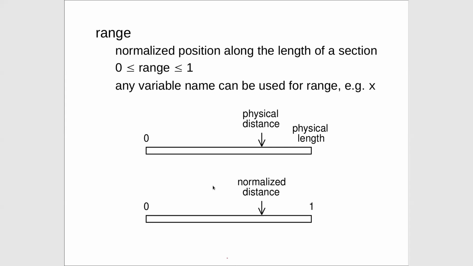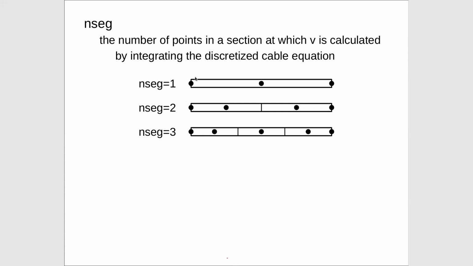So this is where spatial discretization comes in. We can't really solve the cable equation numerically. It's a partial differential equation. We can't solve it directly, especially if it's got voltage gated channels, because of the complexities of the equations that result.